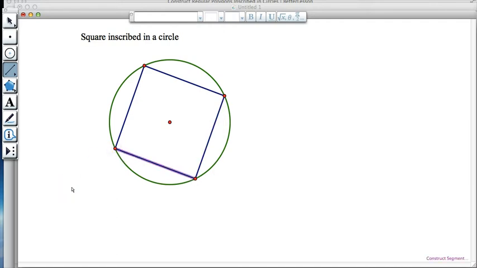So the thing that I'm going to point out for students with the square construction is that the diagonal of the square is a diameter of the circle. So we can notice here that if I draw that diagonal, that is a diameter of the circle. Likewise for this diagonal, also a diameter of the circle.